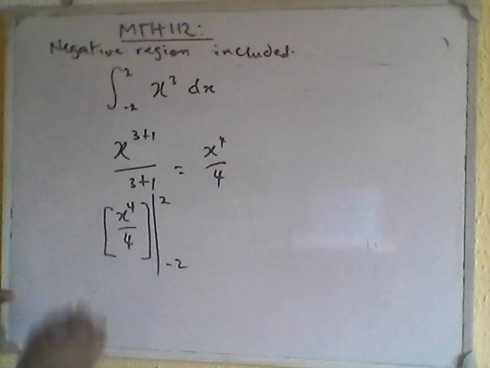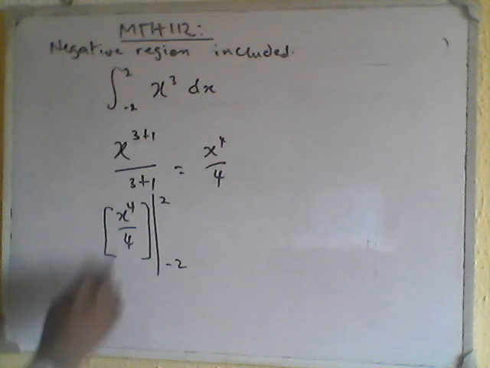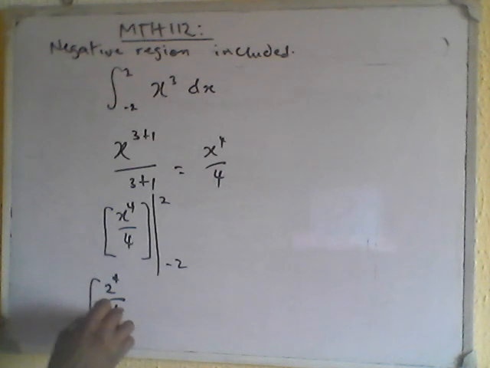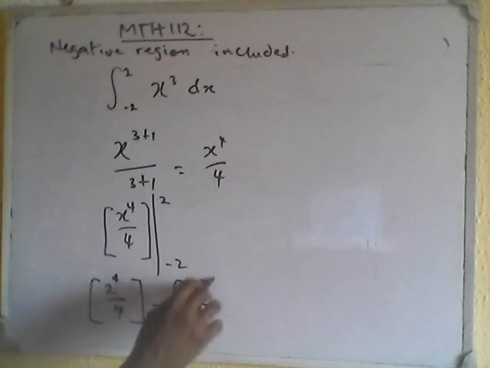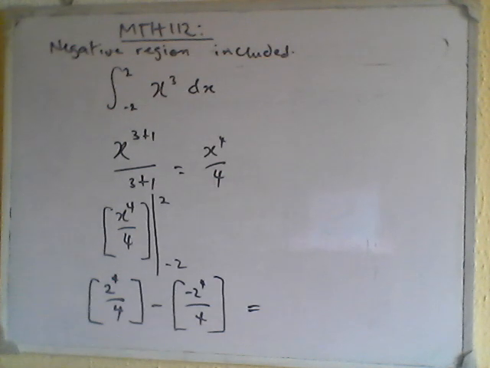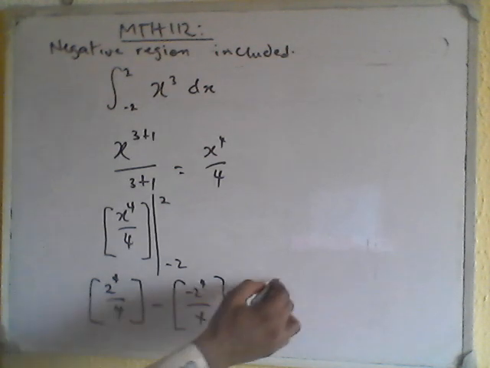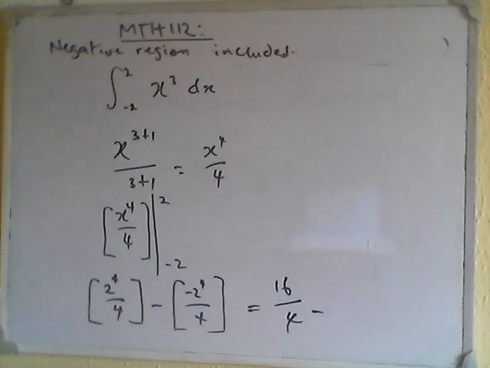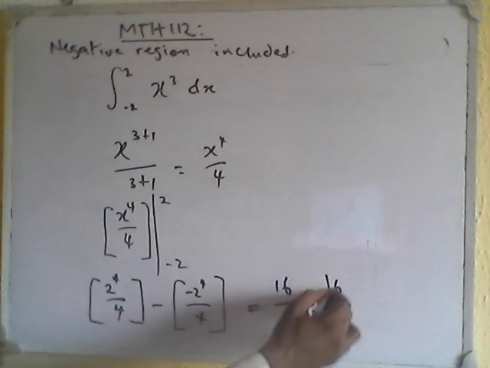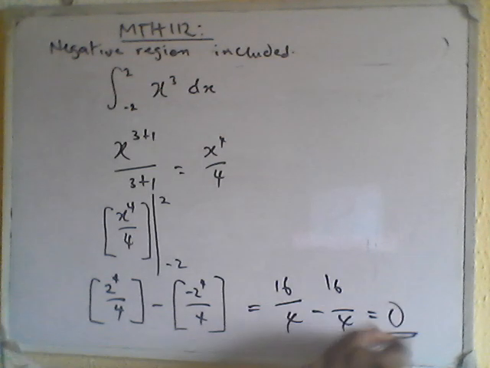So it's written like this: 2 raised to the power 4 over 4, right? Then minus, minus 2 raised to the power 4 over 4. Okay, so I'll compute this one. So 2 raised to the power 4 is 16 over 4, minus minus 2 raised to the power 4 is also 16 over 4. So this is going to give us 0.